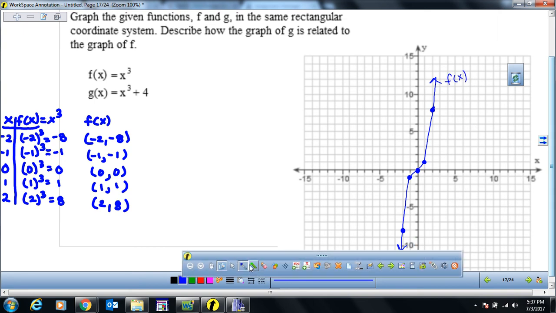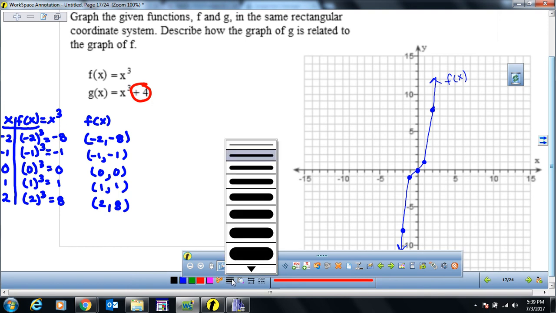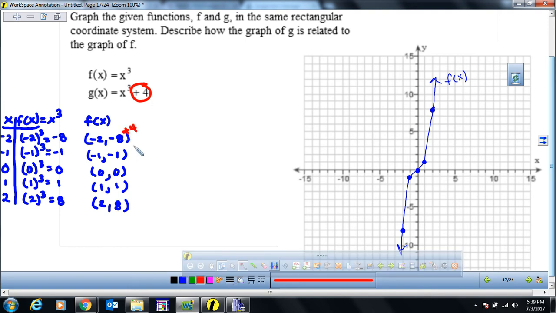Now we're gonna do the exact same thing for g of x, but now you see that the only difference is that it has a +4. So just like I showed you, we don't have to recreate the table. That +4 is going to be added to the y values from the f of x originally. So that is going to give us the following points.